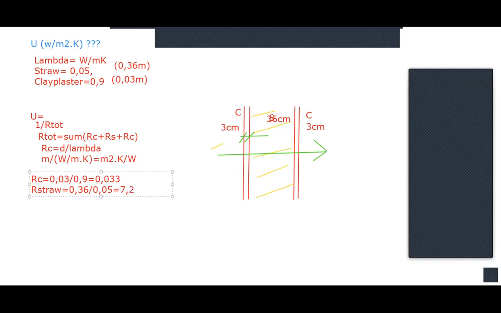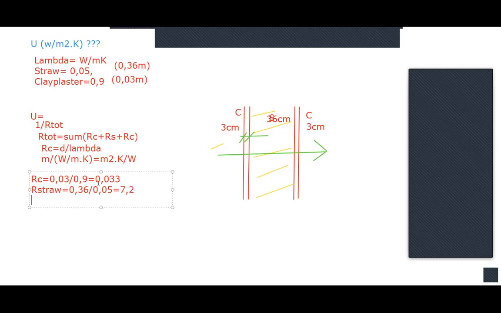So as you see, the thermal resistance of this straw layer is much bigger than clay. What we can conclude from that is that clay doesn't have almost any effect on the thermal quality of the wall, or very little.